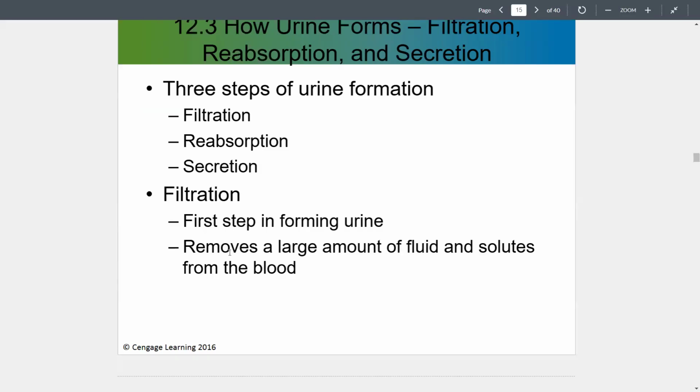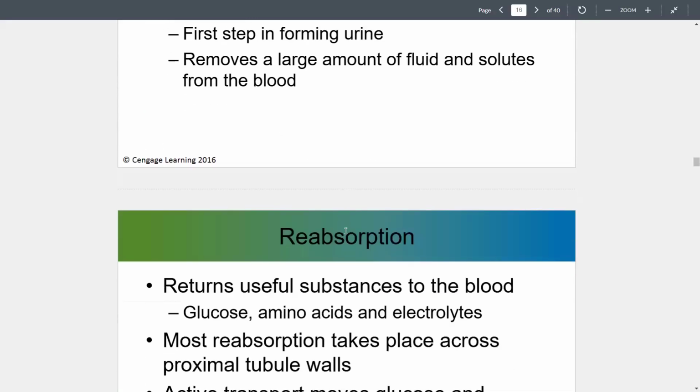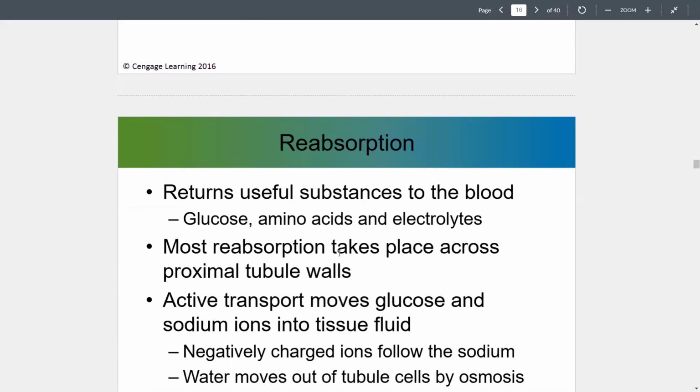Okay, so first step is filtration. Remove the large amount of fluid. So it's going to push a lot of liquid out of your blood, too much, and then take some back. So reabsorption is taking some back into the blood, like glucose, amino acids, electrolytes, and water. So it's going to be pulled back in and put back into the blood.